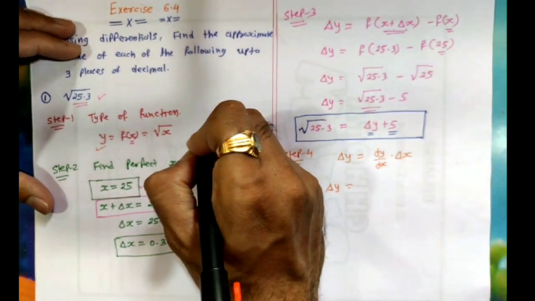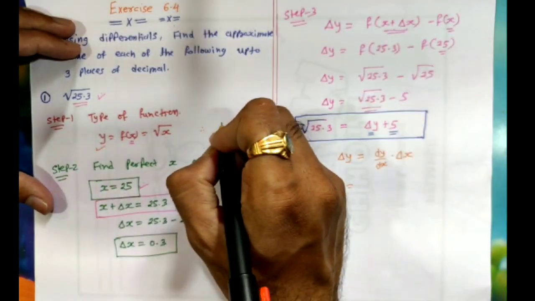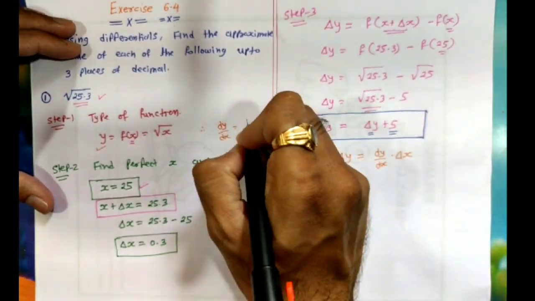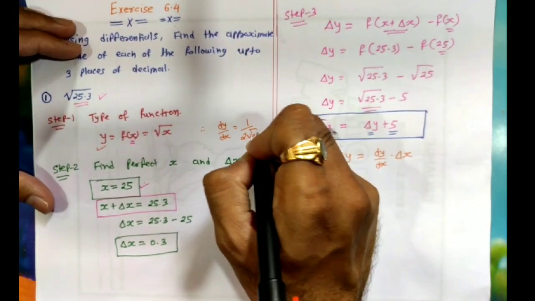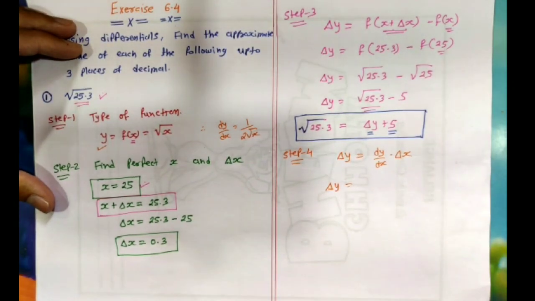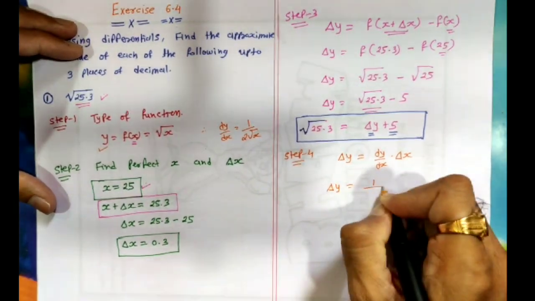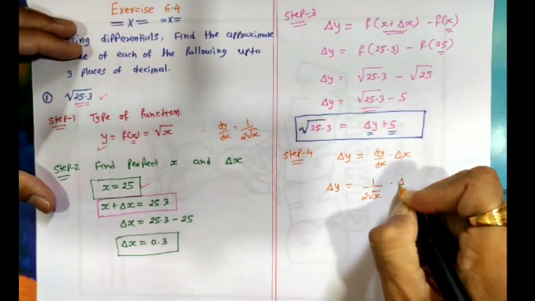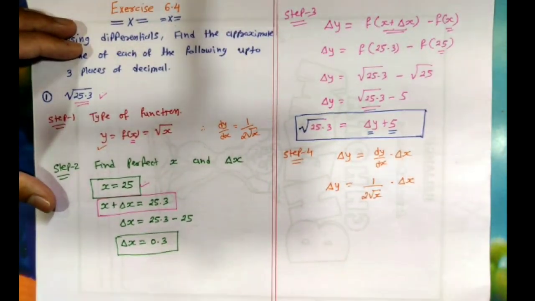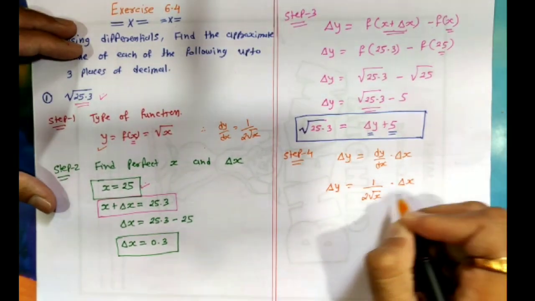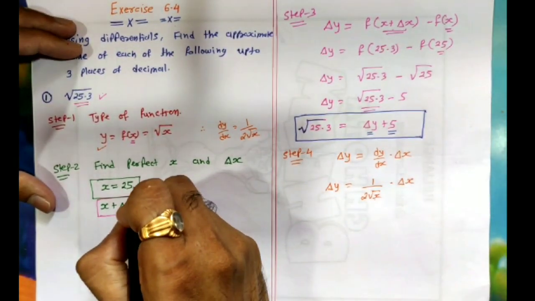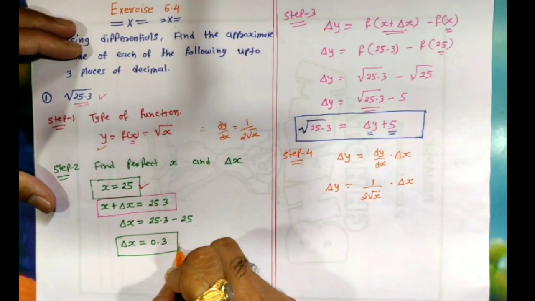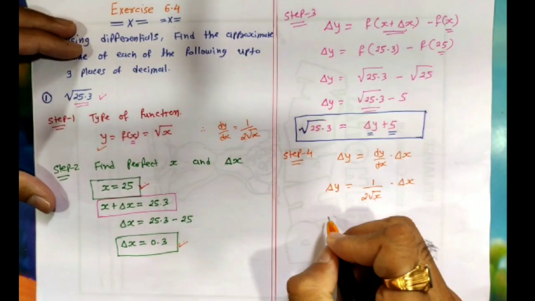So if y equals square root of x, then our dy by dx will be 1 upon 2 root x. So delta y is 1 upon 2 root x into delta x. Clear? Now put the values of x and delta x. Value of x is 25 and our delta x is 0.3.